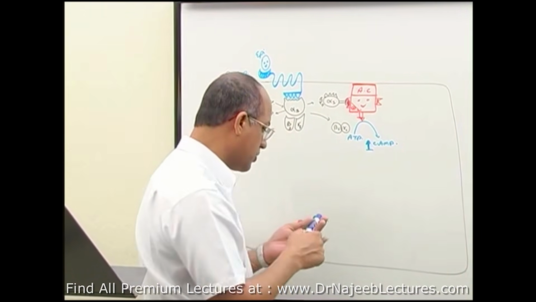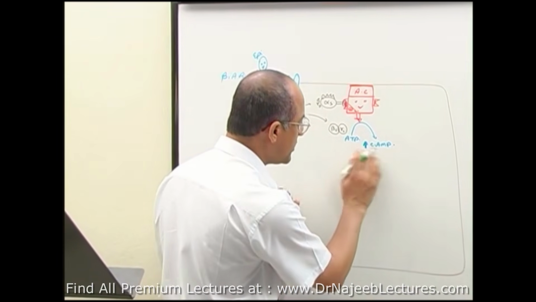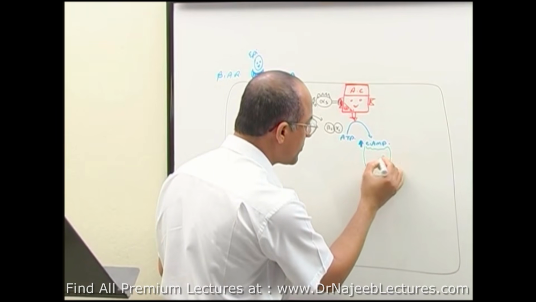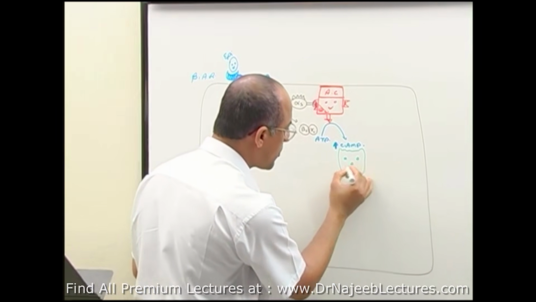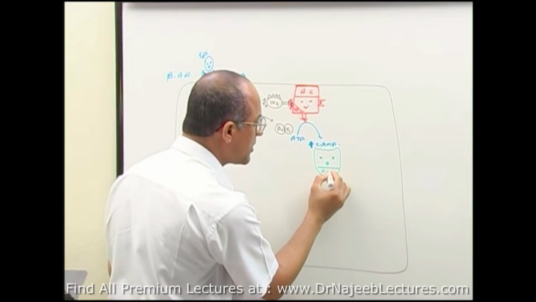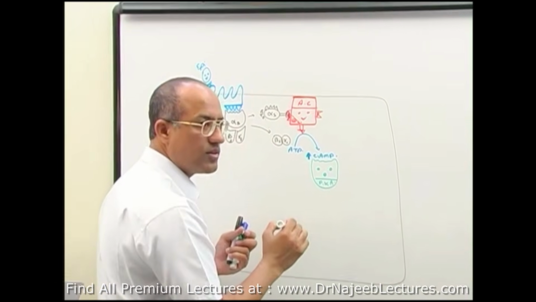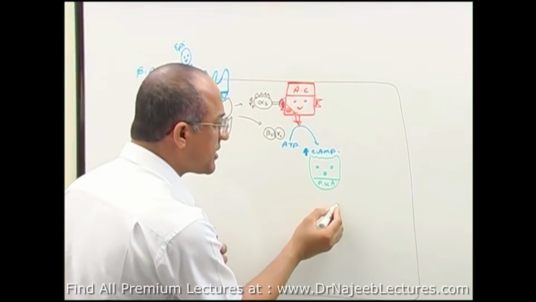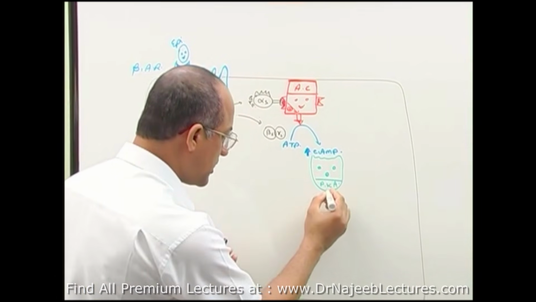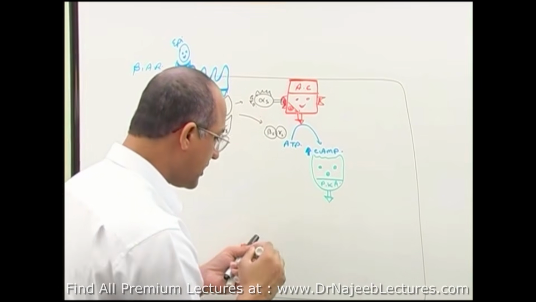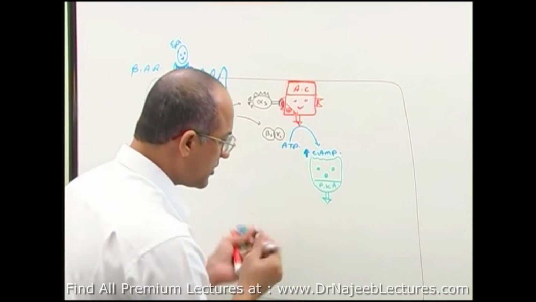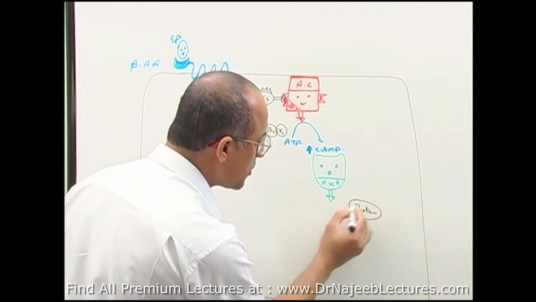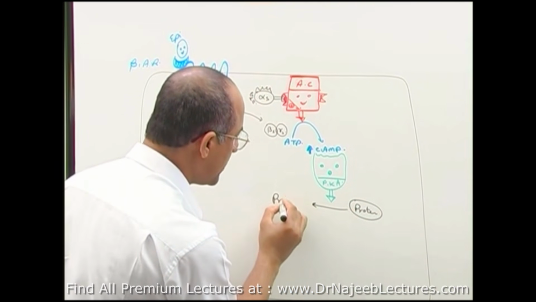This cyclic AMP molecule will stimulate protein kinase A, and this protein kinase A will start phosphorylating target proteins. Whatever target protein is there, that protein will be phosphorylated.